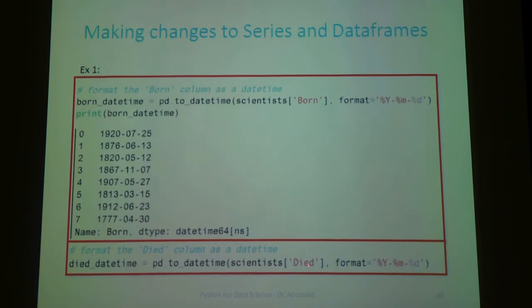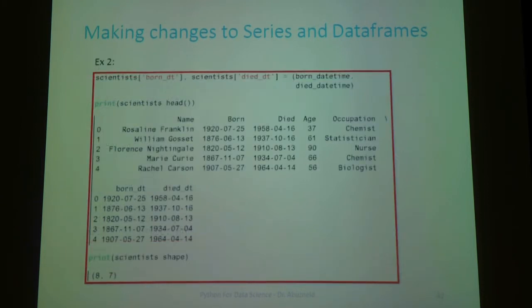The column is died, I'm formatting it and saving it to a different data frame. So scientist and born, the column label is born datetime, and for scientist, the column label died underscore DT.